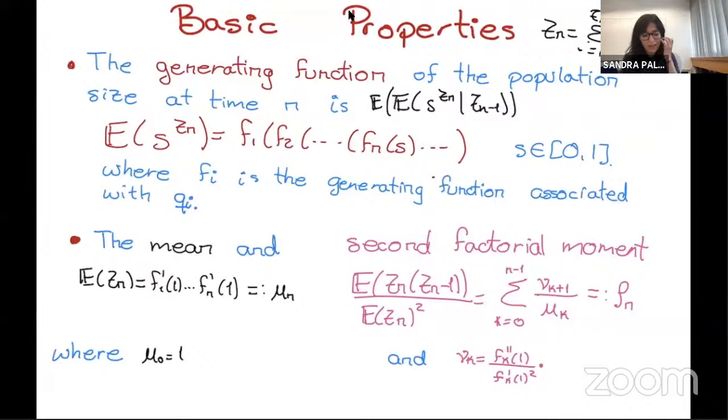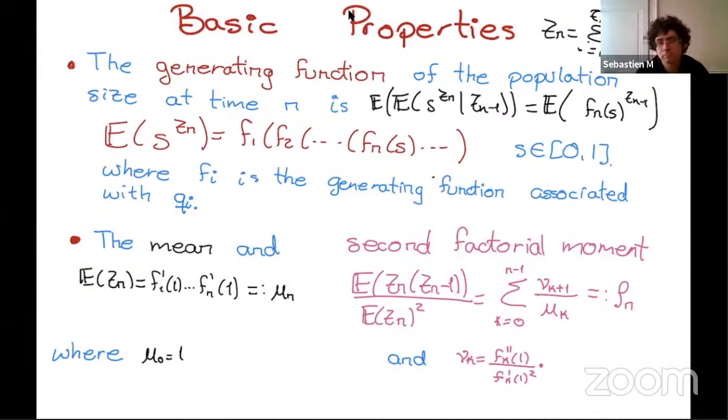Conditioned on the previous one, you can think of it as a fixed number, and your X's are independent. So that will be your F_n of s to the Z_{n-1}. That is why it appears like the composition. Okay, and why it's in this order and not the other one, okay. Thank you very much anyway. Thanks.